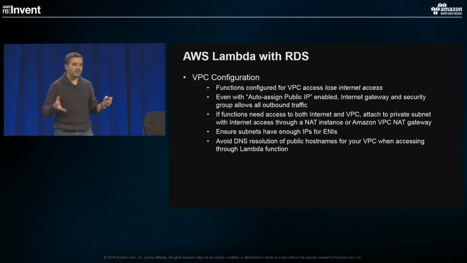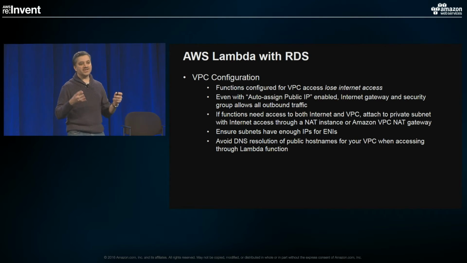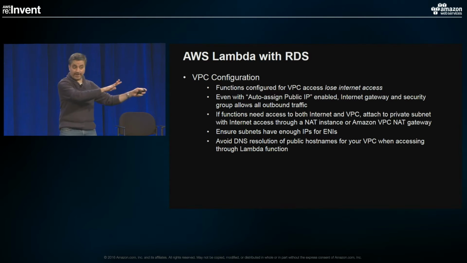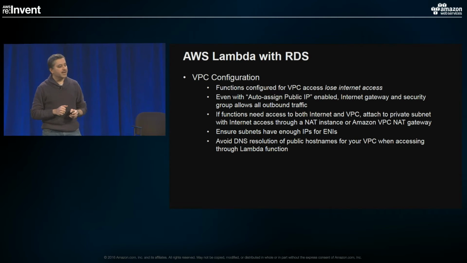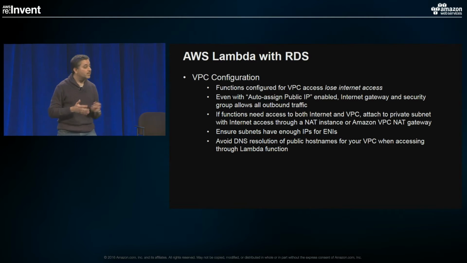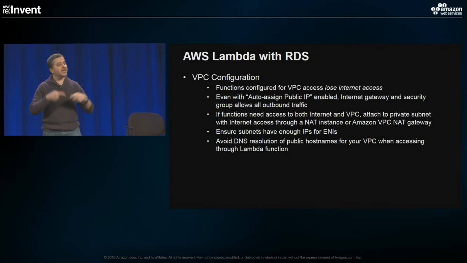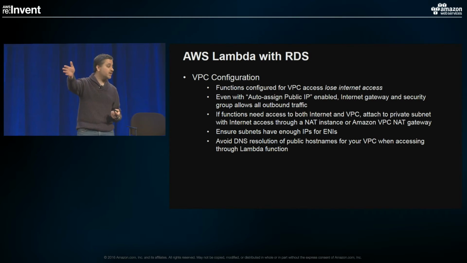Also, if you have any EC2 instances or applications within your VPC that are public facing or talk to the internet, try to avoid DNS resolution of the public host name when you are accessing the Lambda function, because it adds additional latency for the name resolution before it goes and talks to the necessary resource.